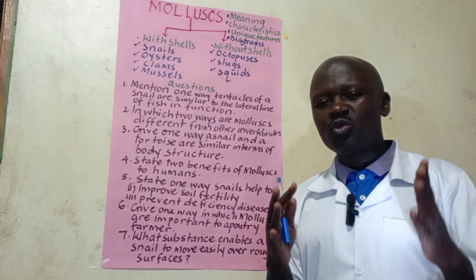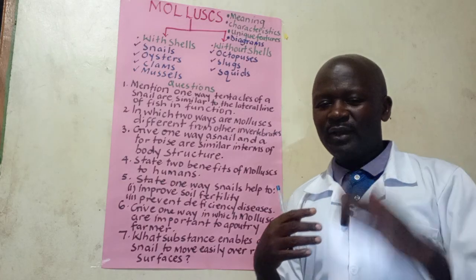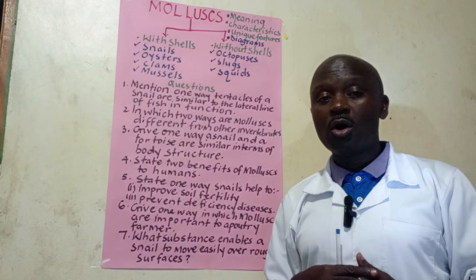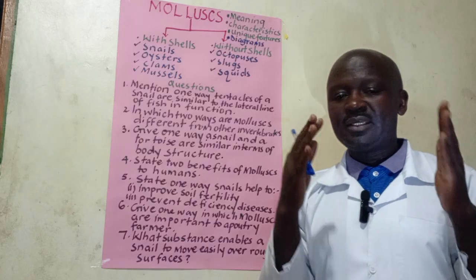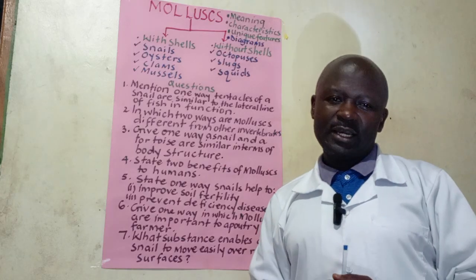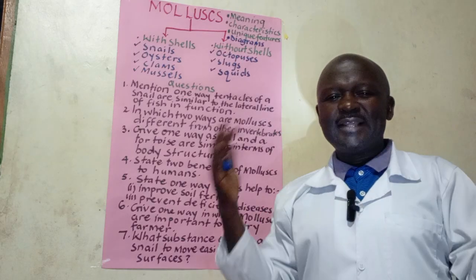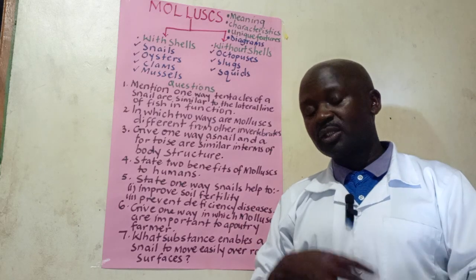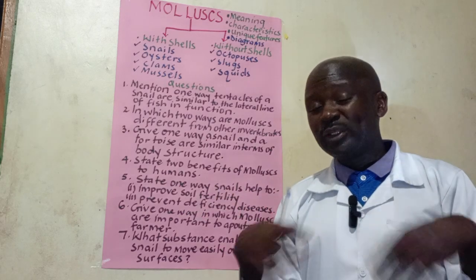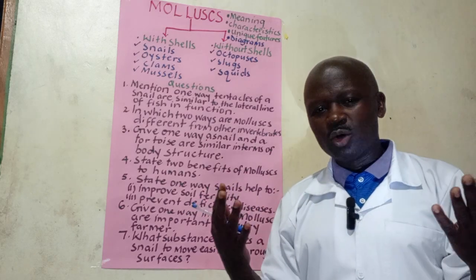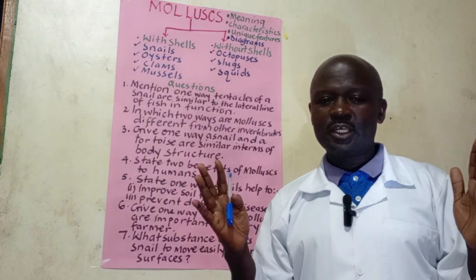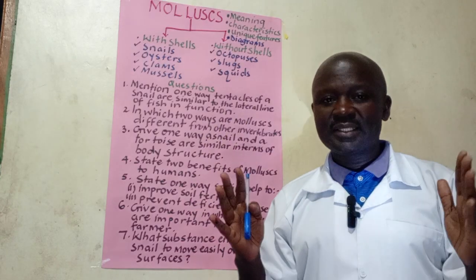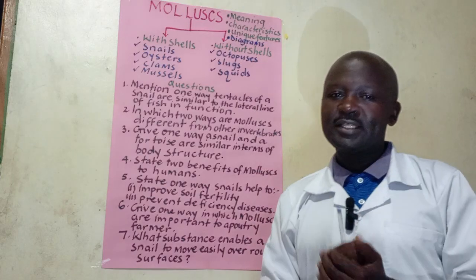Then you can go to self-evaluation, or what we call the assessment phase, as I can say. That's where you can ask different questions to these learners to find out whether learners have understood the concept of mollusks in totality.